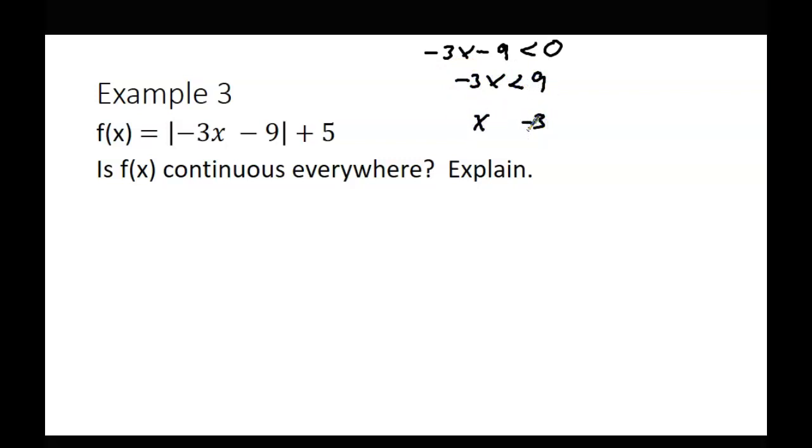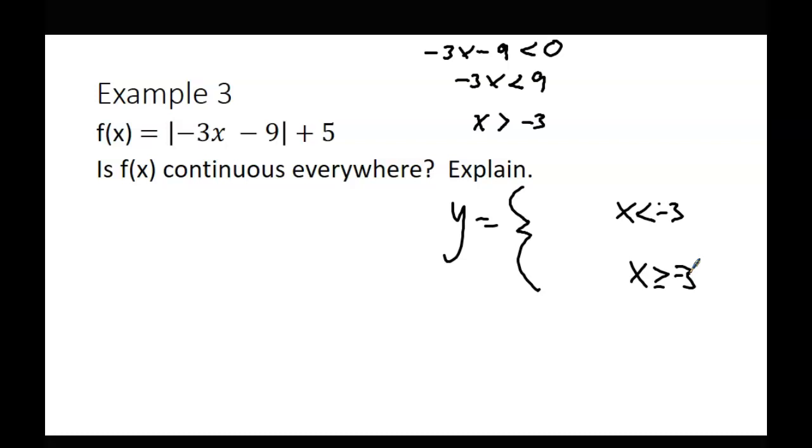But when you divide by a negative, what happens? So that means now when x is greater than negative 3, not less than, but when x is greater than negative 3, the sign is going to change. Okay? So now when I write my function, it's going to look like this. So this time when x is greater than negative 3, the sign's going to change.